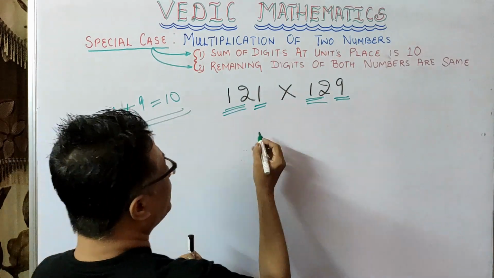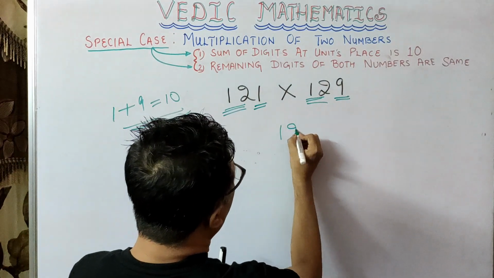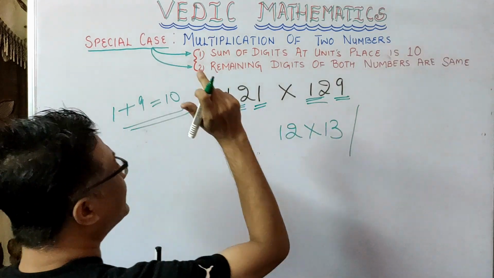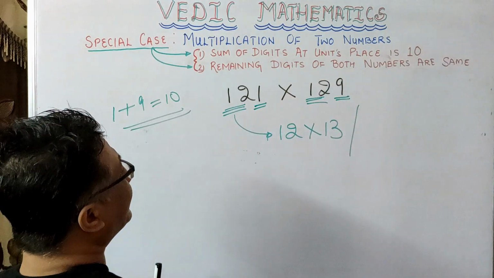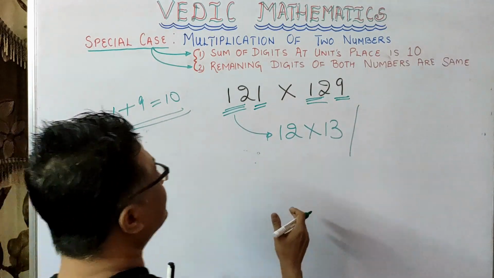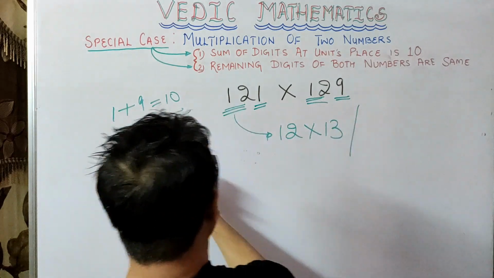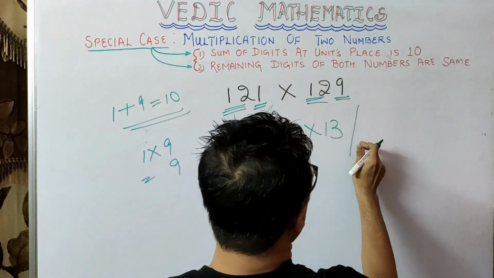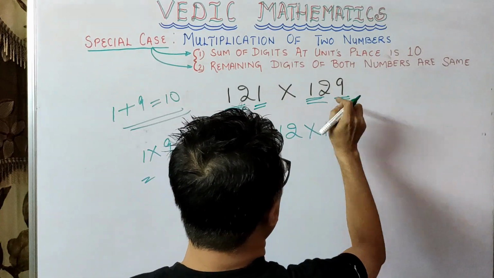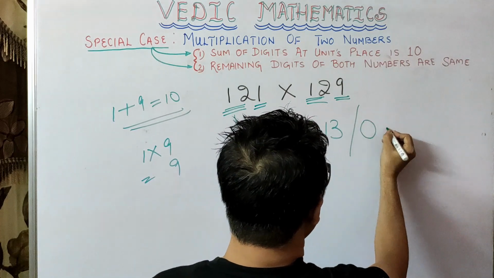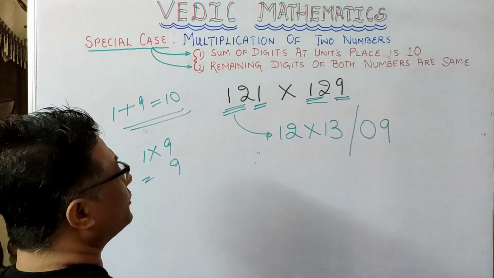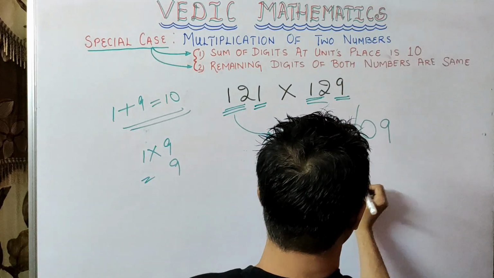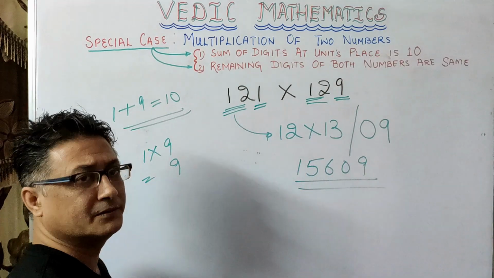So once again we'll use the same logic. 12 multiplied by the number next to 12, means 12 multiplied by 13, and then for the second part of the answer we'll simply multiply 1 with 9. We'll get 9, but the second part of the answer we have 2 digits. So we have 09, and 12 multiplied by 13 is what? 156. So this is our answer.